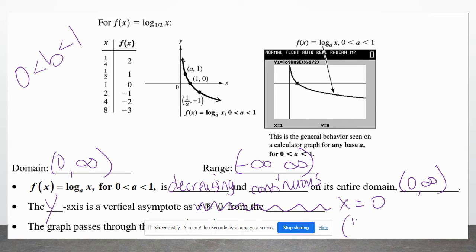And we still have 1 over a negative 1, 1, 0, and a 1. We will go over those graphs in class. We have to learn how to do the log base in our calculator. So I'm going to skip over examples 3 and 4 and head over to the properties of logarithms.